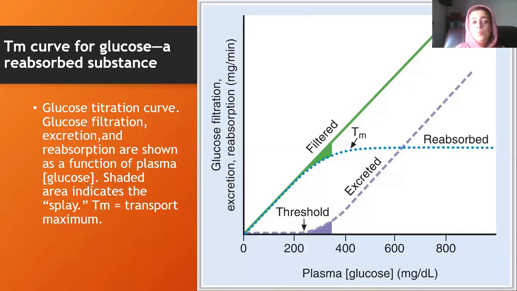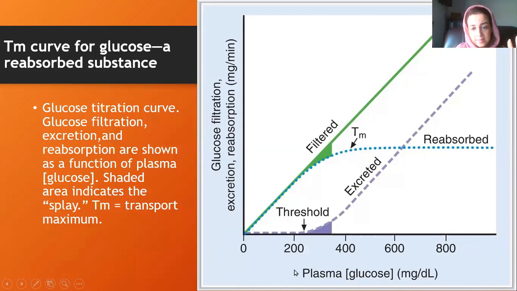For that, we need to understand the concept of the glucose titration curve, something called tubular maximum, and the concept of splay in these curves. It is also a very important question in physiology, called the tubular maximum curve. So this is very important.